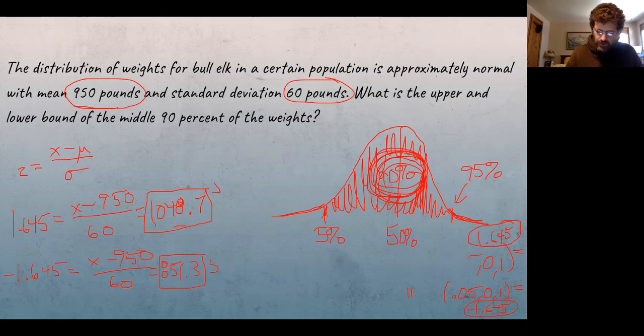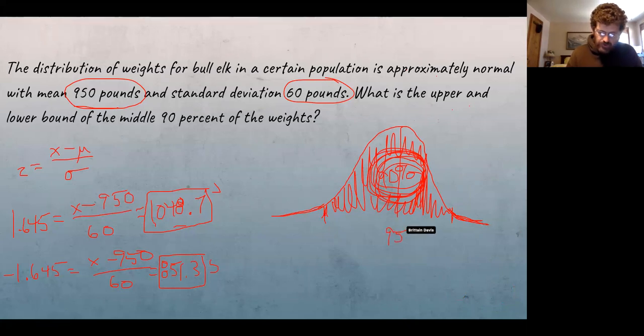All right, so the bounds on this is going to be, here's the 950 in the middle. So 1048.7, 851.3, and that will be the bounds for the 90%, the middle 90% of the data. Okay.